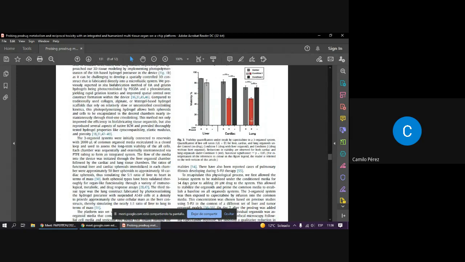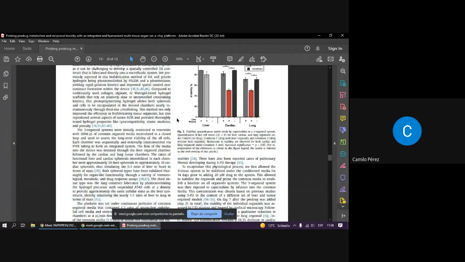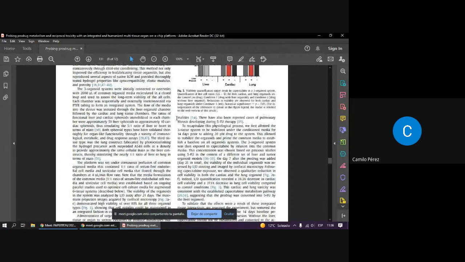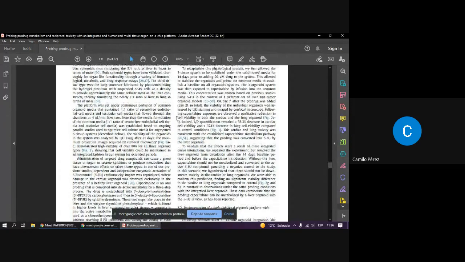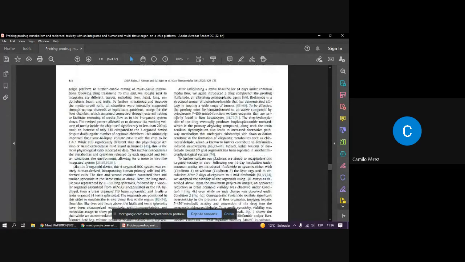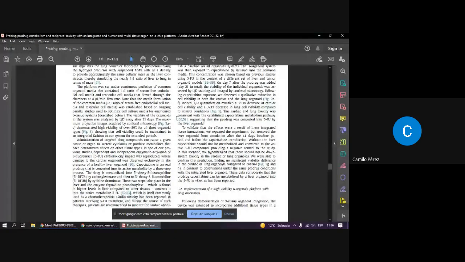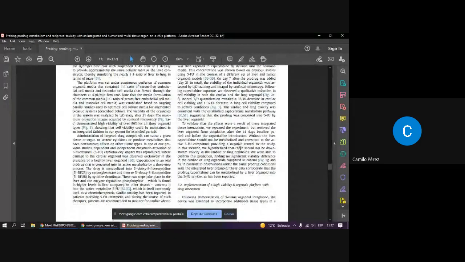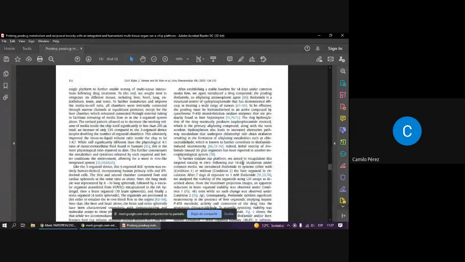And you can see the liver is low in the first condition, and after that they induce apoptosis. Then they implement the high viability for drugs.